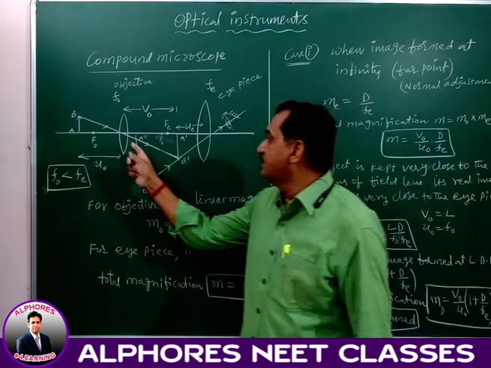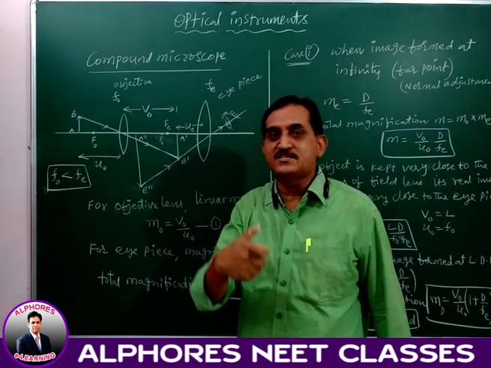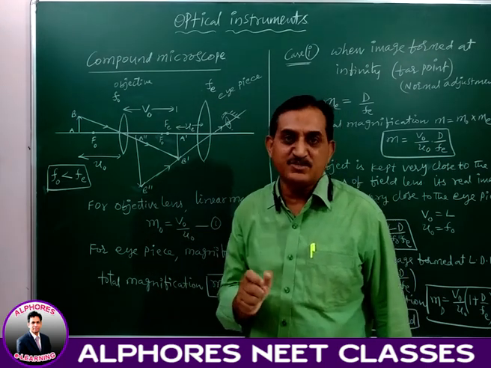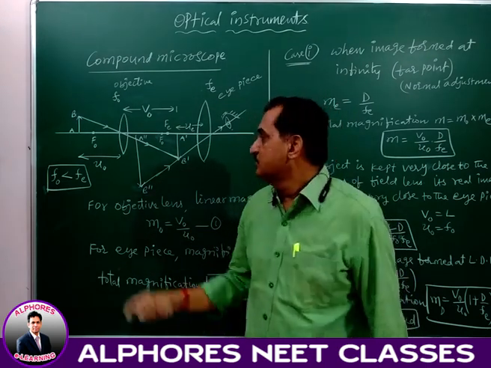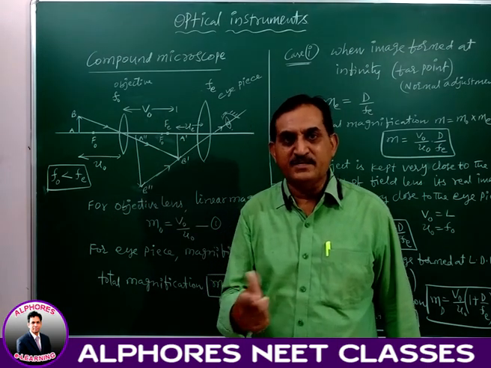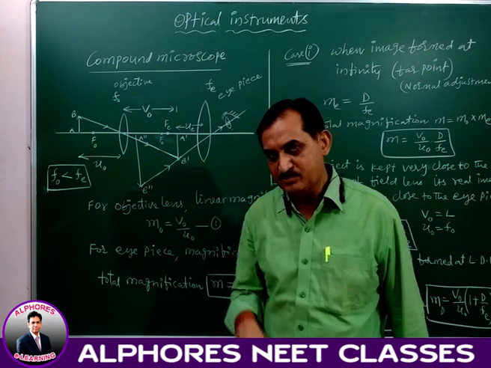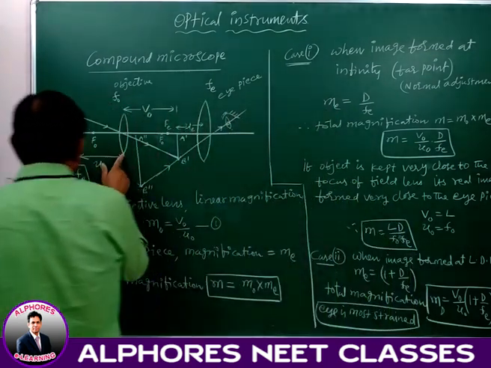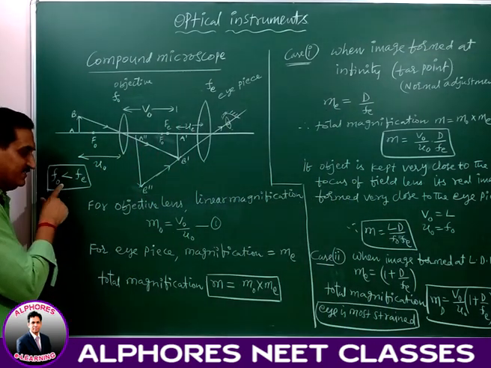A smaller aperture is used so that we can avoid aberrations, meaning defects of images formed by the lens. Therefore the aperture is smaller and its focal length is less.